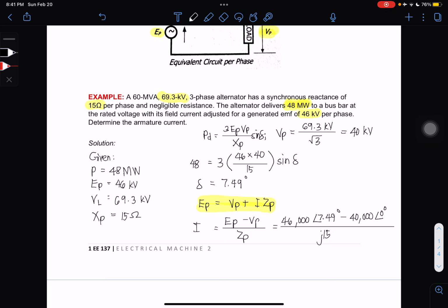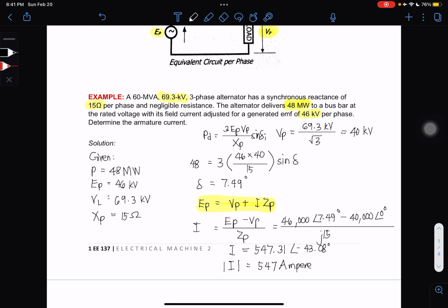So I will use the calculator. 547.31 with an angle of negative 43.08. Since wala man gipangayo ang angle, so therefore our final answer is 547 ampere.